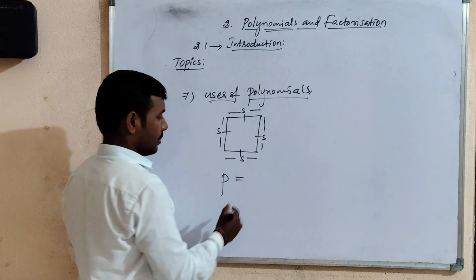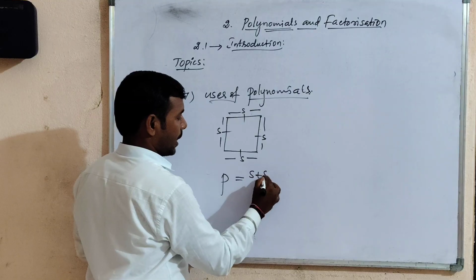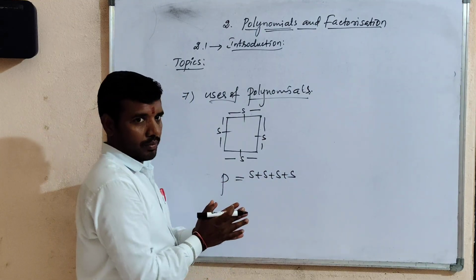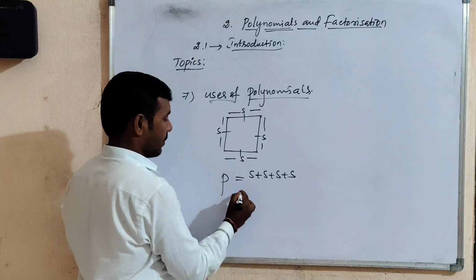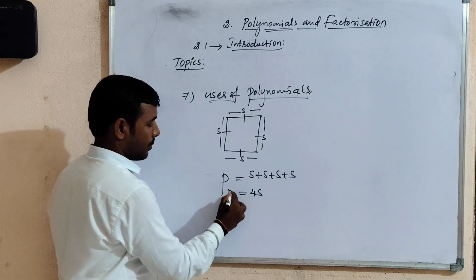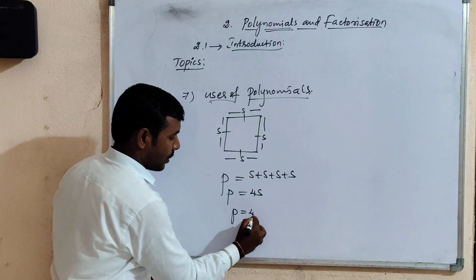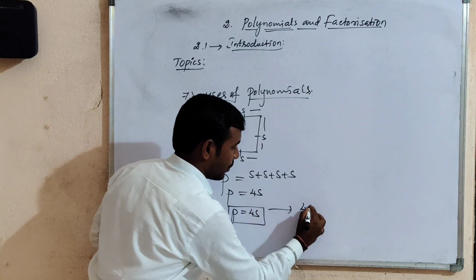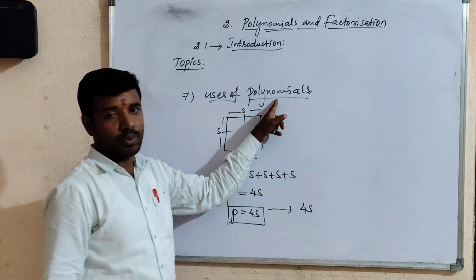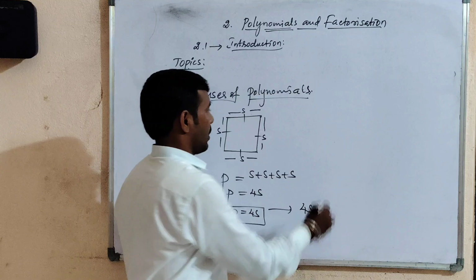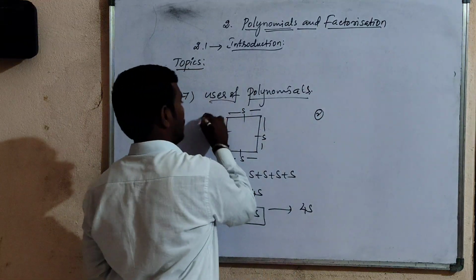Perimeter is the length of the border, the sum of 4 sides. This is equal to 4s. That is called P, so P is equal to 4s. Now, what is 4s? 4s is a polynomial.